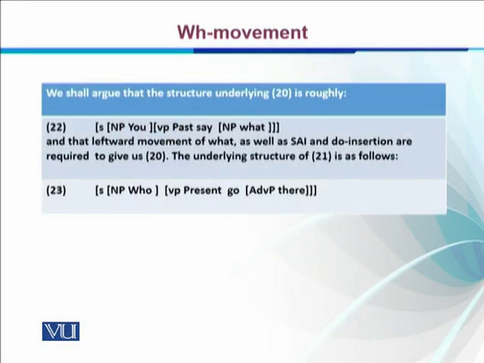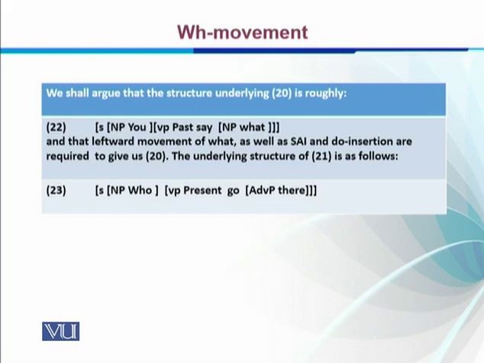We shall argue that the structure underlying 20 is: sentence, noun phrase you, past, say, and what. So where is what? What means that here was something which was said, and the speaker does not know that.